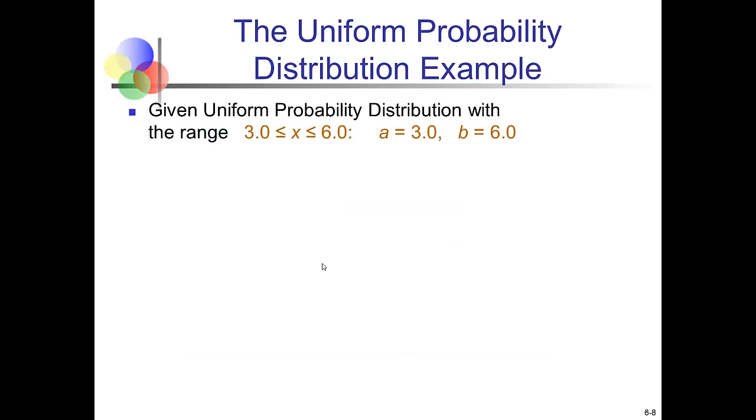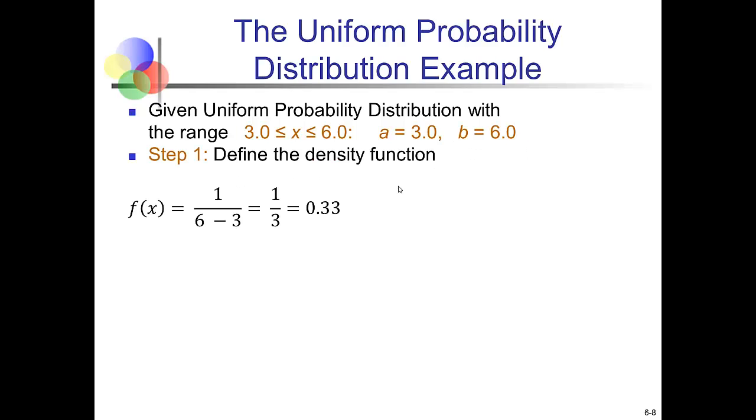So let's work through an example. Pretend that we're selling yards of fabric, and we can sell any amount of fabric between 3 yards up to and including 6 yards. So our lower limit is 3, our upper limit is 6. We can define the density function. The density function is 1 over 6 minus 3, or 1/3. That tells us the height of the curve between 3 and 6.